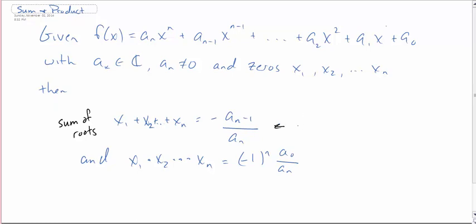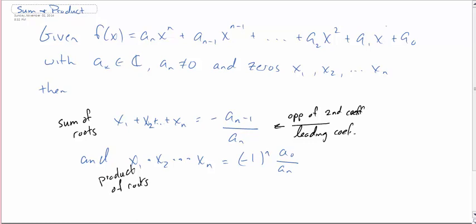So using some words, leading coefficient is on the bottom and opposite of second coefficient. And the product of the roots is equal to negative 1 to the n times a sub 0 divided by a sub n.